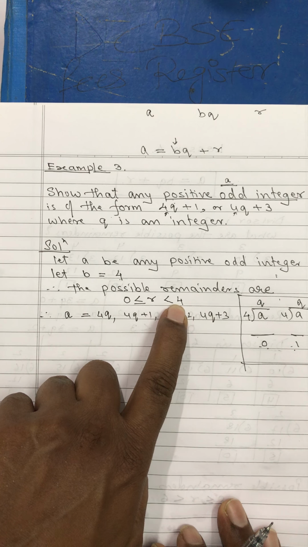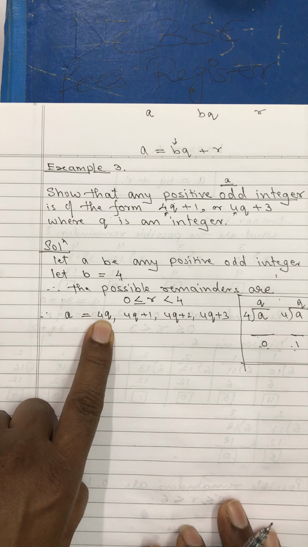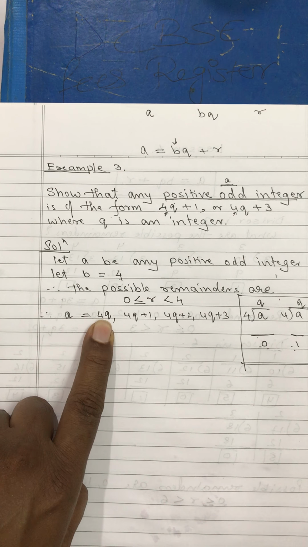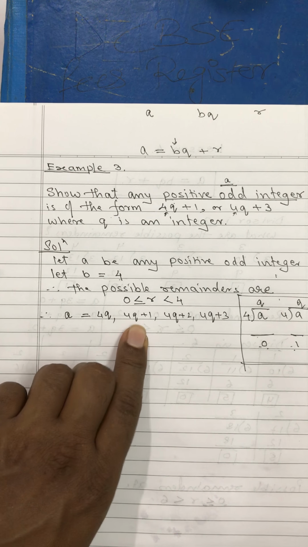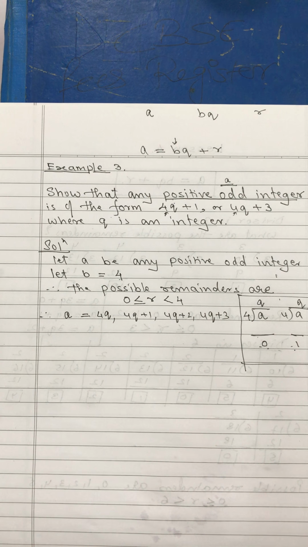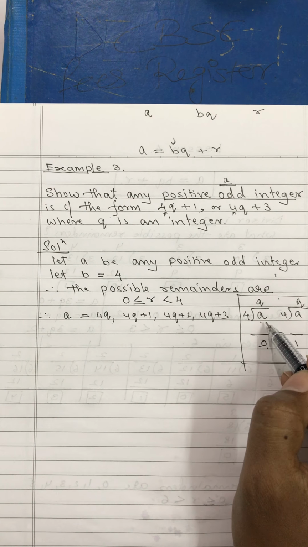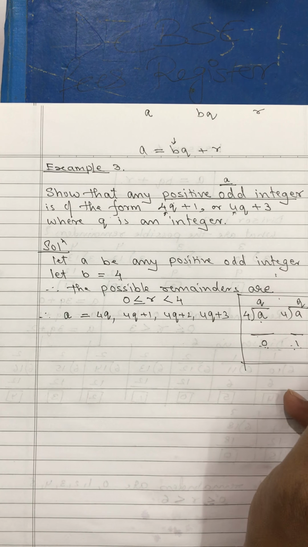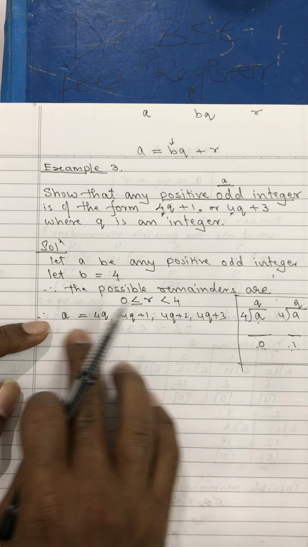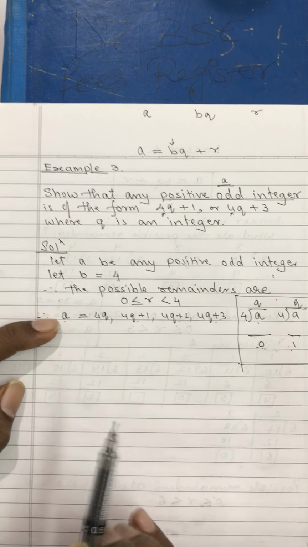So a is equal to either 4q plus 0, which means 4q, or 4q plus 1, 4q plus 2, 4q plus 3. It cannot be 4q plus 4, because the remainder is not going to be 4. Whatever is the value of a, the remainder is going to be only 0, 1, 2, 3. So these are the possible values of a: 4q, 4q plus 1, 4q plus 2, 4q plus 3.